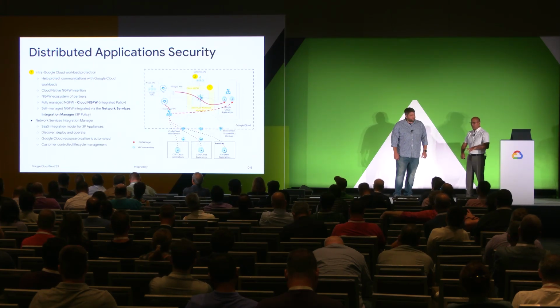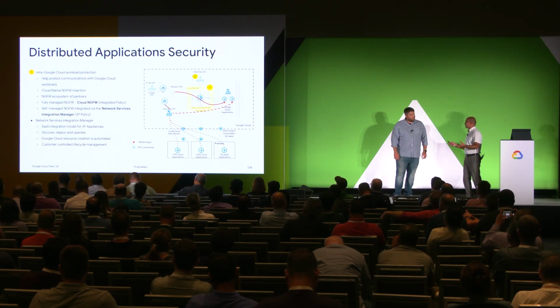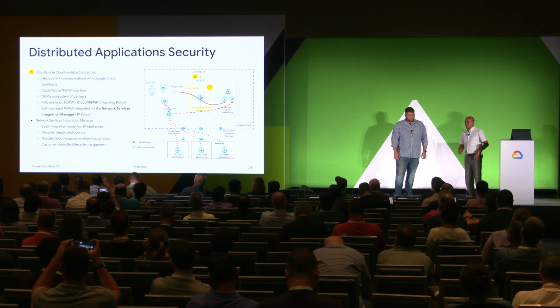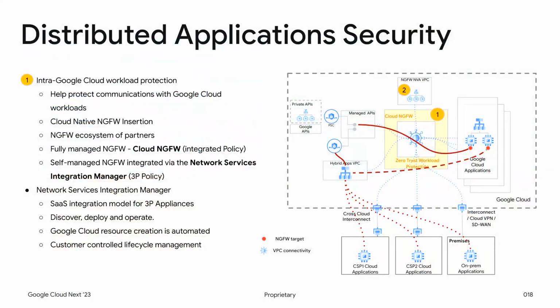So without security, nothing happens, right? No plane is left off the ground without securing it. And this is no different, right? So Manisha shared with you a little bit of what we're doing in terms of integrating natively fully functional firewall stacks. So our cloud firewall is evolving to basically be a fully featured next generation firewall.